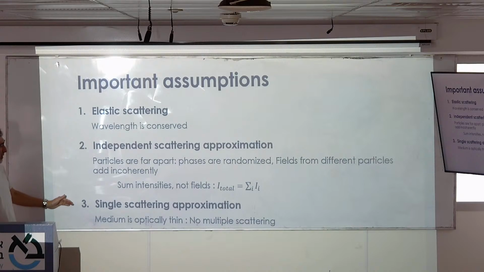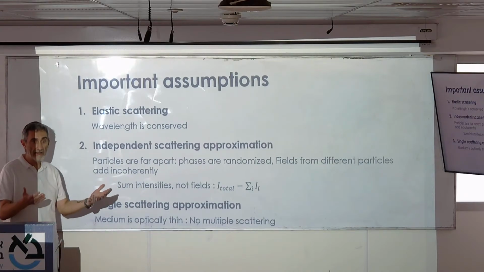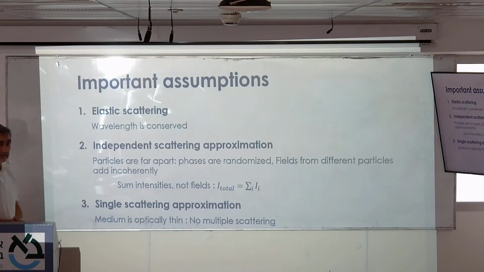With all these assumptions, we can use what I'm going to describe for one particle and generalize that to many particles, and consider a medium with many particles, as long as they are far apart, so a dilute system, and the system is optically thin.